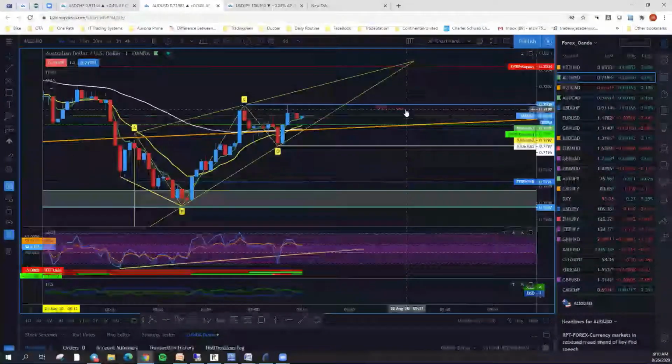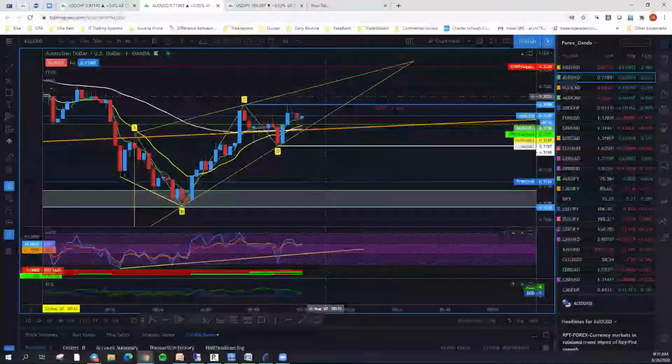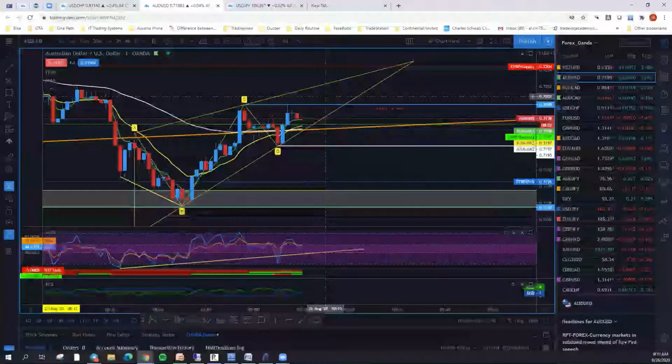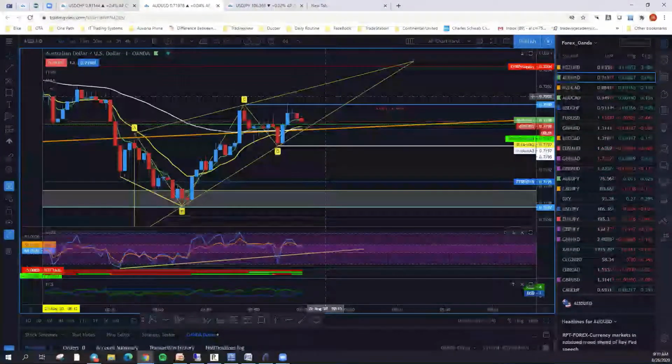It came right up to 72.00 and was rejected. Now the question is if it's going to break. So right now it's in an area of indecision.